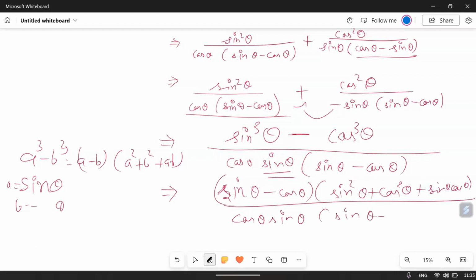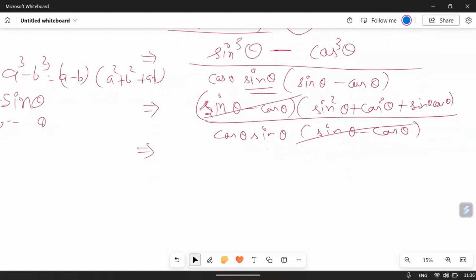minus cos theta. Here you can cut this down, and sine square theta plus cos square theta will become 1. So after it becomes 1, you have to write it like that, 1 plus sine theta cos theta divided by cos theta sine theta.